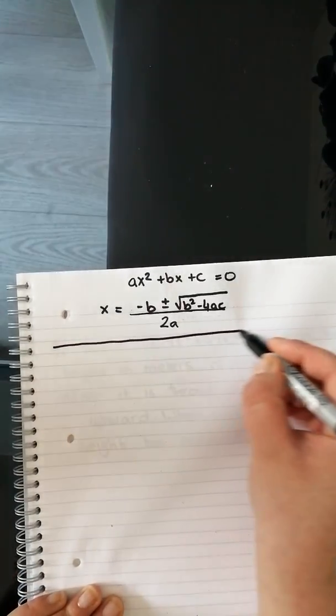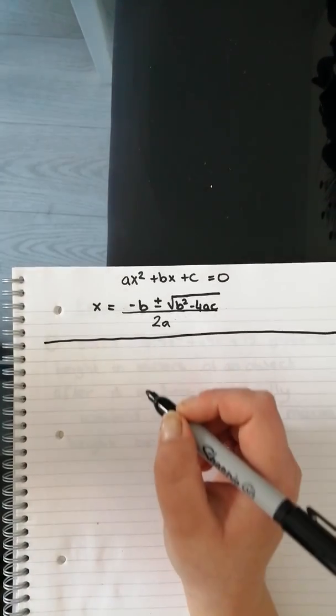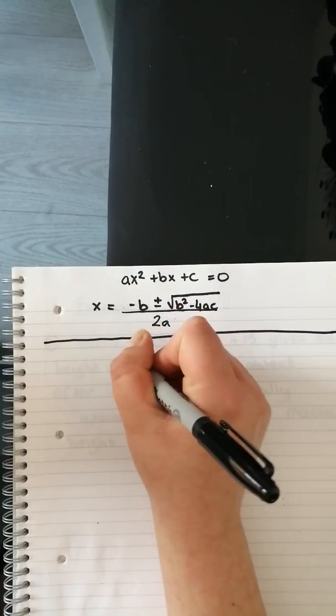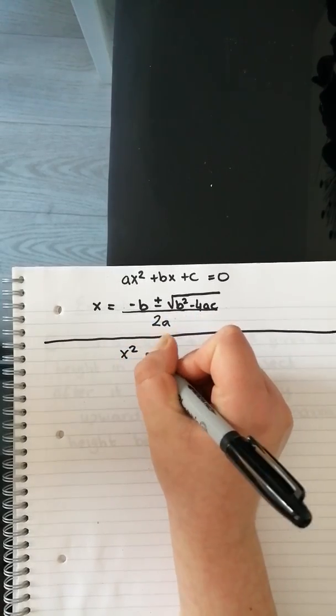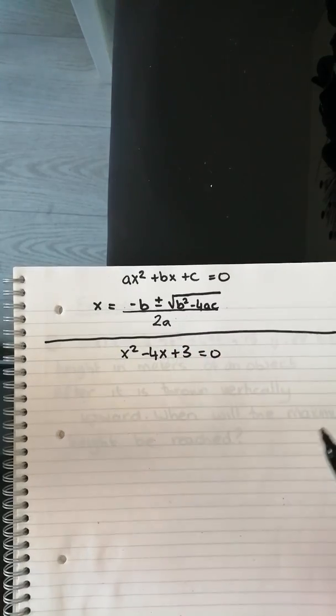So for our particular question, if we're not sure how to factorise, we had x squared minus 4x plus 3 is equal to 0.